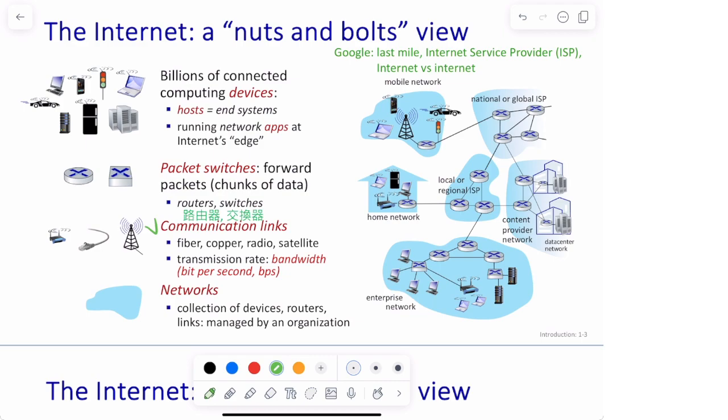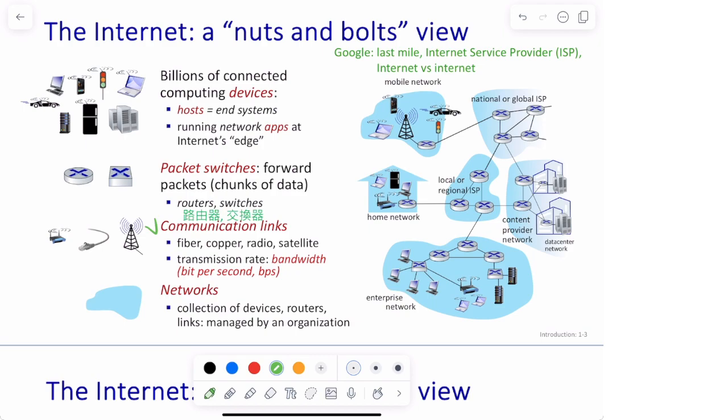No matter if it's a wireless link or a wired link, as long as your device can attach to the computer network, it must use a certain type of communication link.